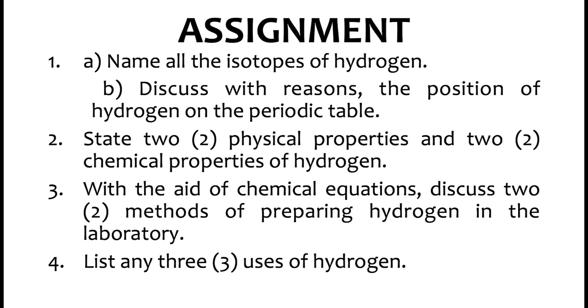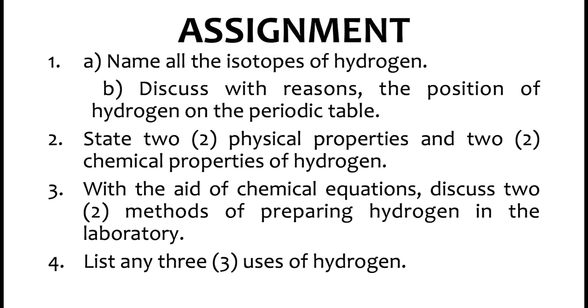Question 2. State 2 physical properties and 2 chemical properties of hydrogen. Question 3. With the aid of chemical equations, discuss 2 methods of preparing hydrogen in the laboratory. And finally, list any 3 uses of hydrogen.